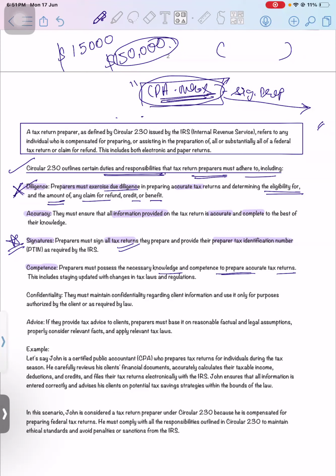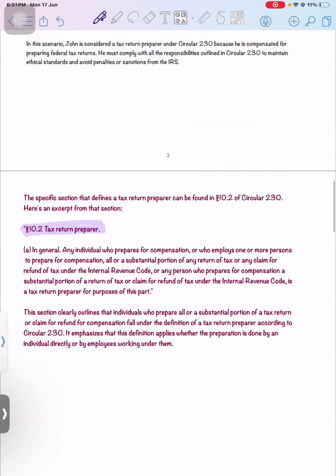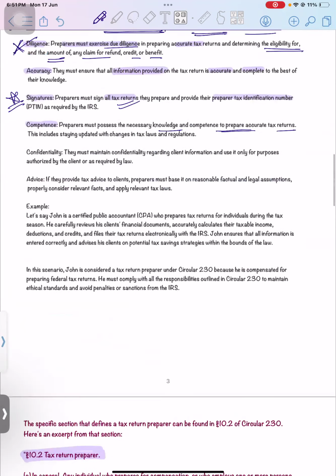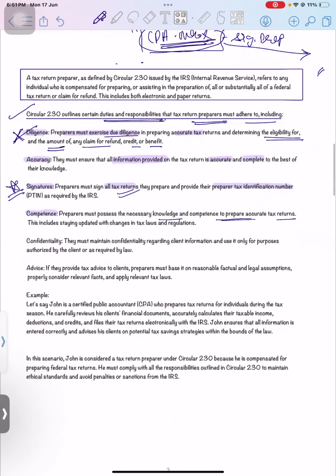So if you are not competent enough, and you don't know how to prepare the return, then you cannot say that you are adhering to Circular 230, because Circular 230 section 10.22 is the one where the responsibilities of the tax return preparer are mentioned. These are the basic responsibilities: due diligence, accuracy, signature, and competence.